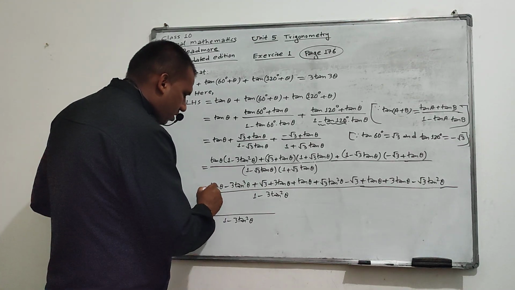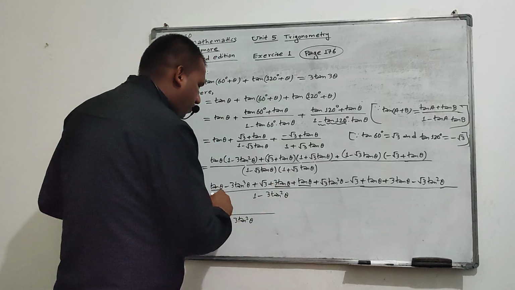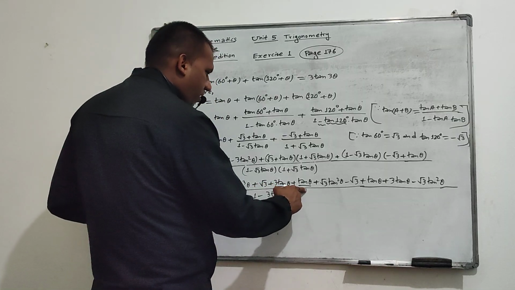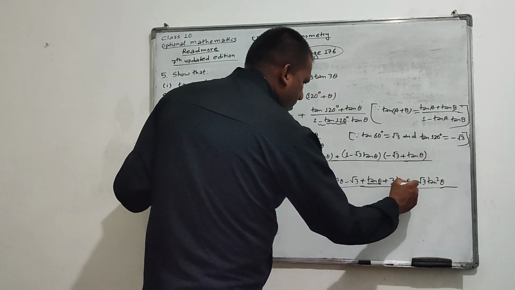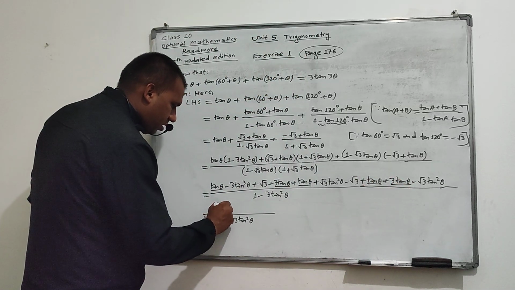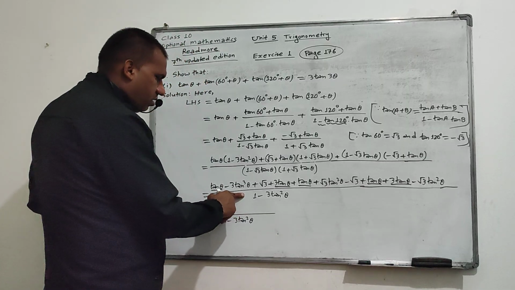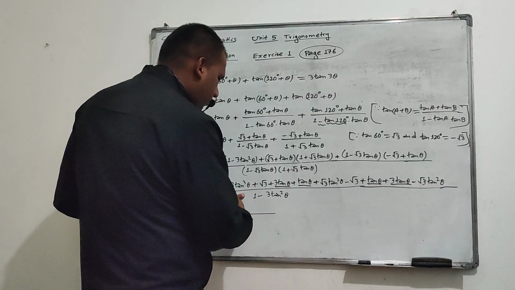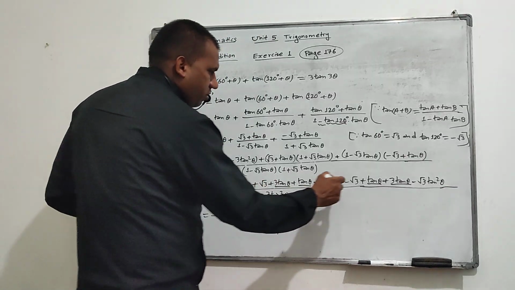In the upper part, adding like terms: tan theta plus tan theta plus 3 tan theta plus 3 tan theta, that is 9 tan theta. Now minus 3 tan cube theta. Minus root 3 plus root 3 cancels out.